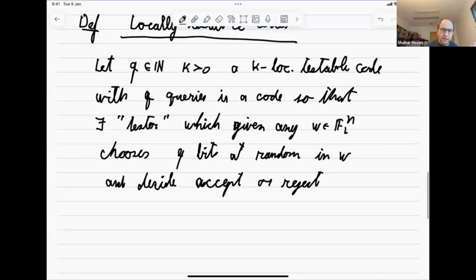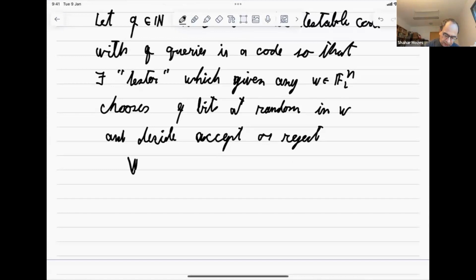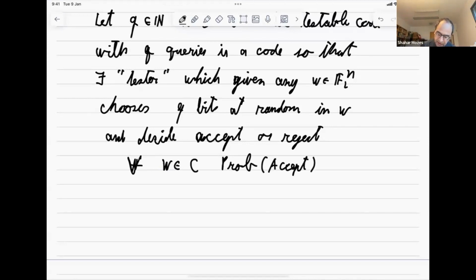And the main thing is that for every word W, if you give the tester a word which really belongs to the code C, then the probability of acceptance is 1.